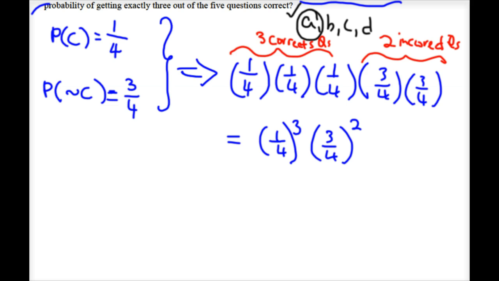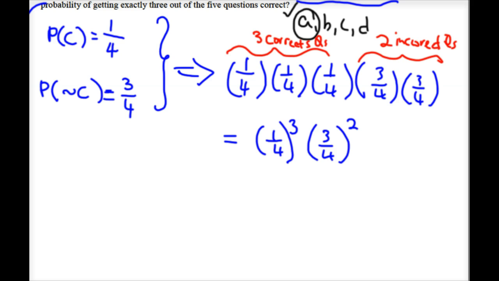Now we want to think about, since there are 5 questions and you're choosing 3 of them, any 3 questions, that are correct, what the final probability is. So there are 5 choose 3 ways, because it doesn't matter in what order we get the 3 questions correct.